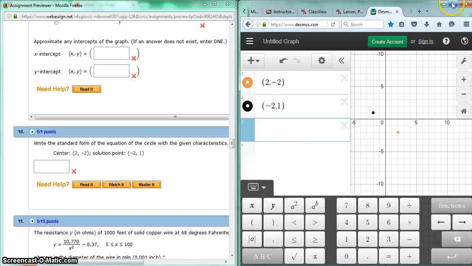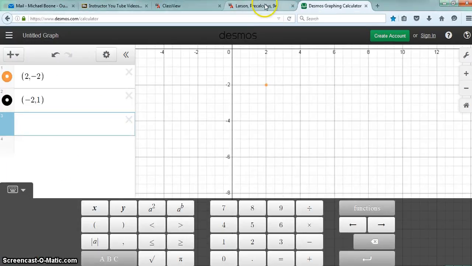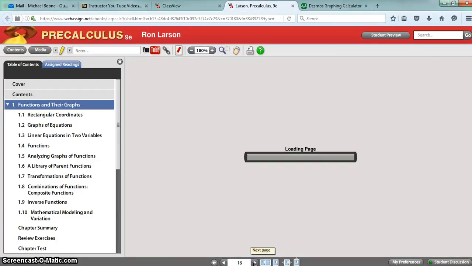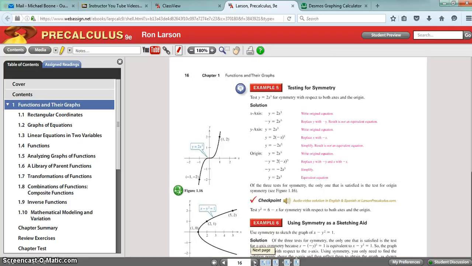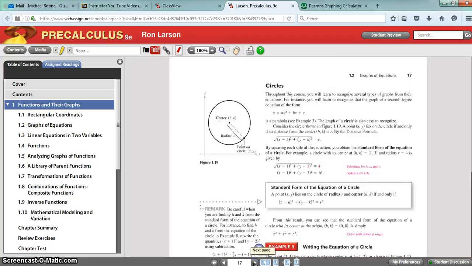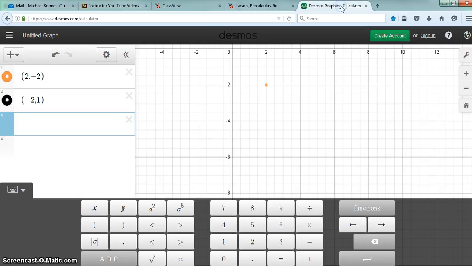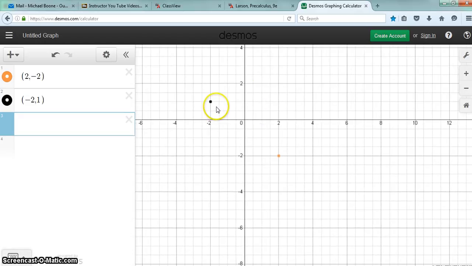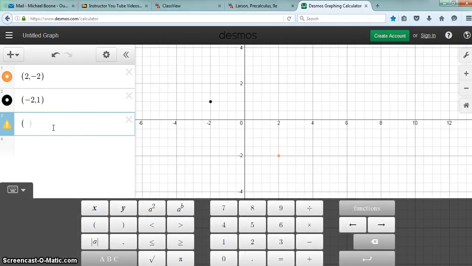The book gives us the formula of a circle as (x minus h) squared plus (y minus k) squared equals r squared, where h and k represent your center and r is your radius. So that would be one way to do it, is to calculate this radius, and we know what our h and k is.